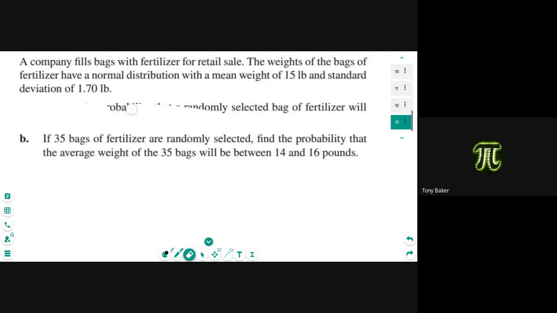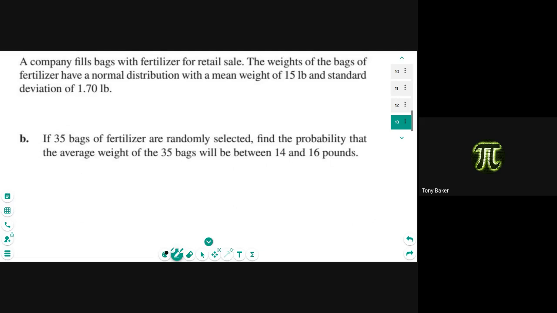So if I was to pick up an entire pallet of fertilizer, I'm not looking at every single bag, I'm looking at the entire pallet. So I'd weigh the pallet, divide that by 35, and see if it's between 14 and 16. But could one bag be less and one bag be heavier? Right. So when we're looking at a sample mean, we're not finding the actual weight of every single bag. We're finding the average of a group of things.